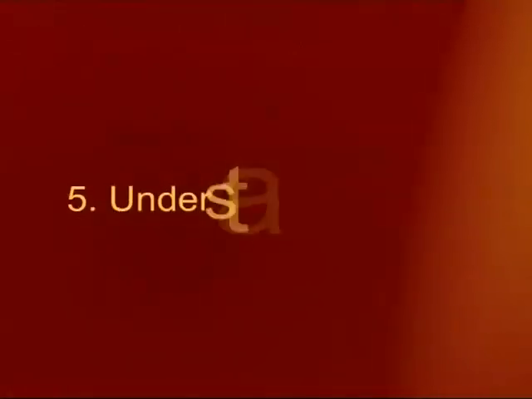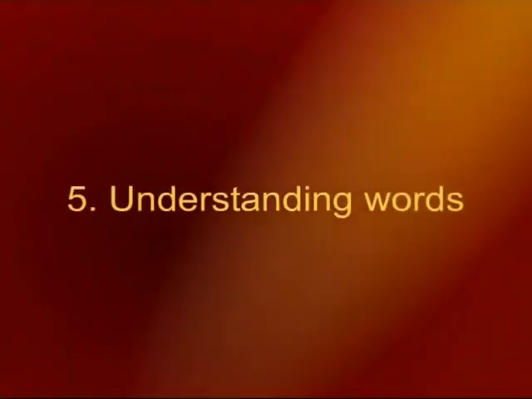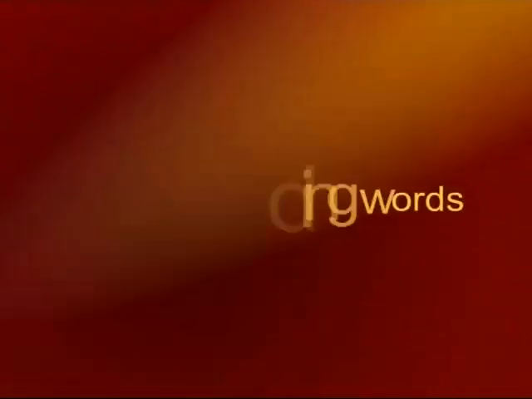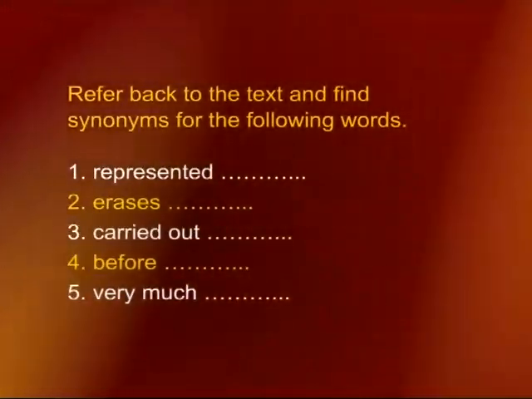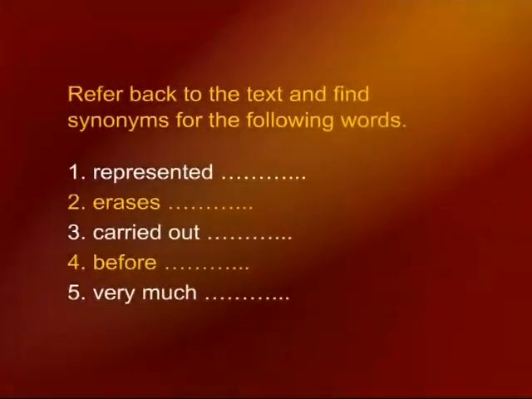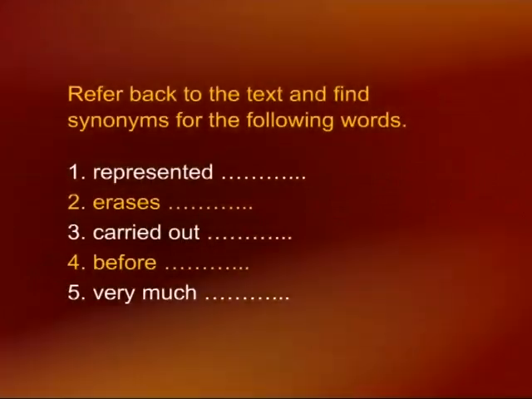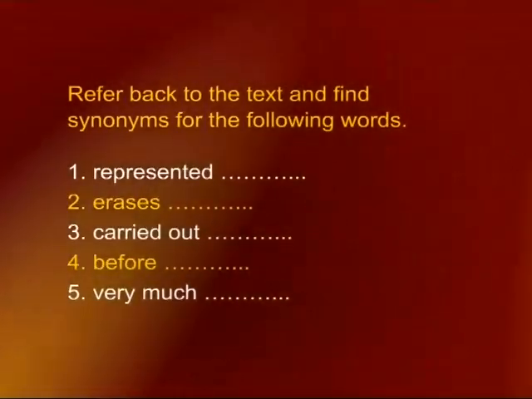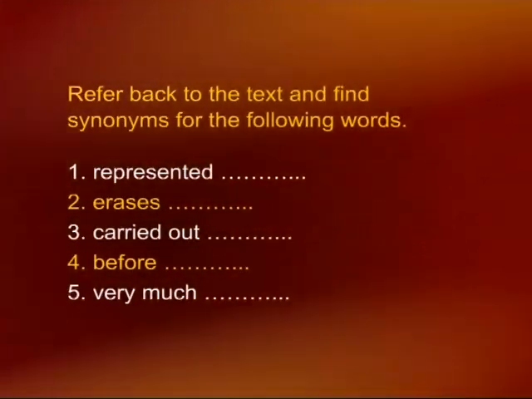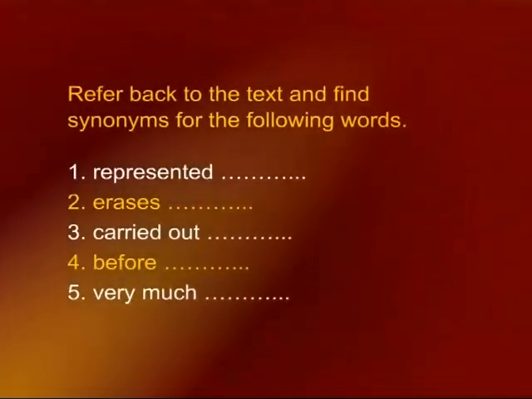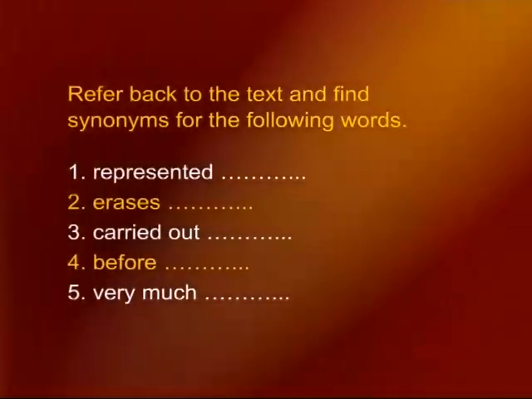Let's move on to exercise 5, which is a vocabulary exercise. By this time you must have realized that all of these passages are on the same pattern, and number 5 is always a vocabulary item. It teaches you vocabulary.